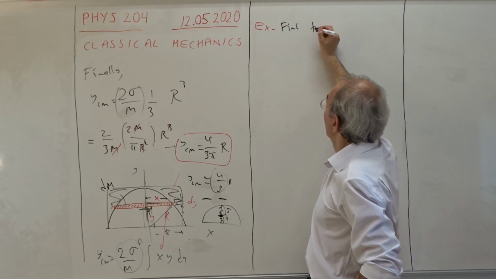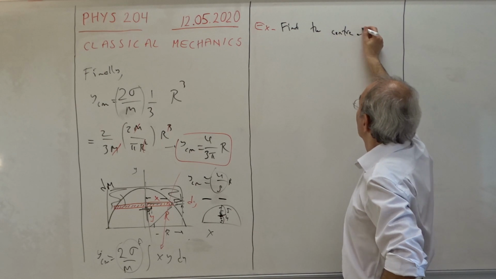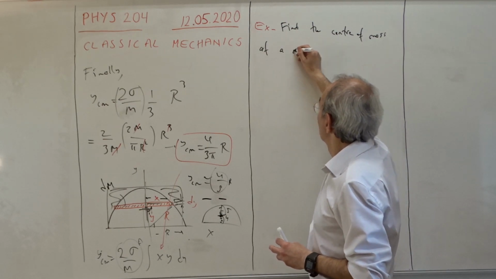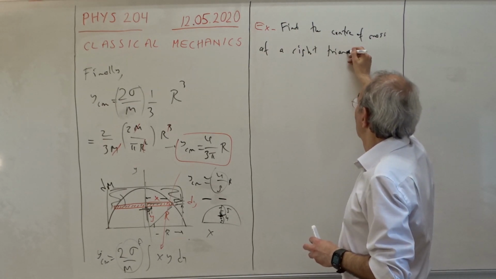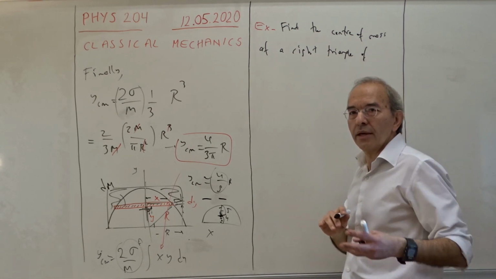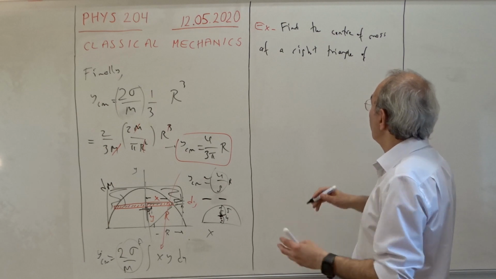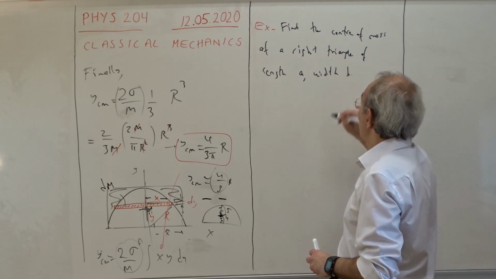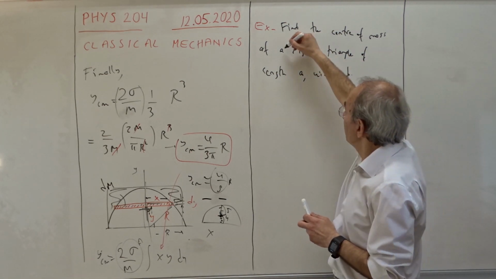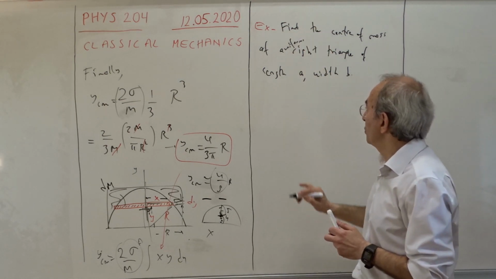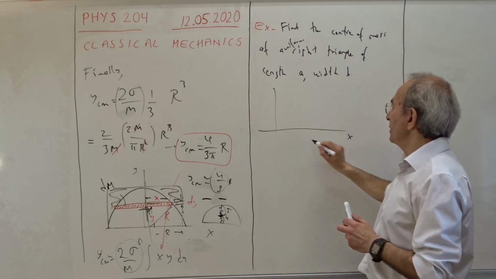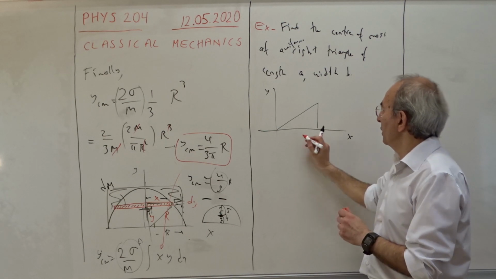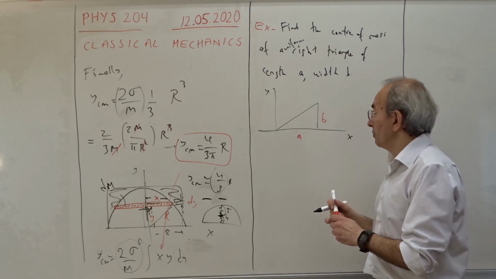Find the center of mass of a right triangle of length A and height or width B. Length A, width B. Center of mass of the uniform, let me add the word uniform, right? So let's place it on the xy axis. So this is the object. Right triangle and the length is A, the other dimension is B.